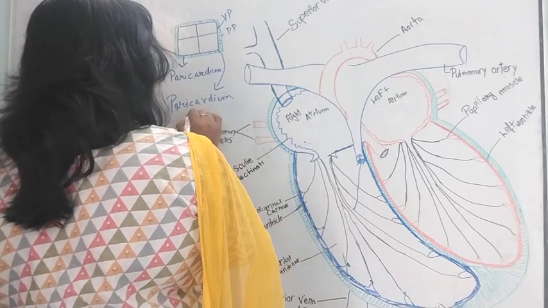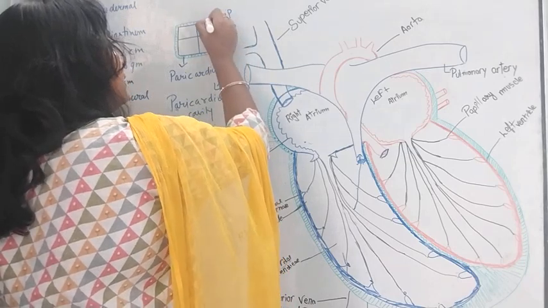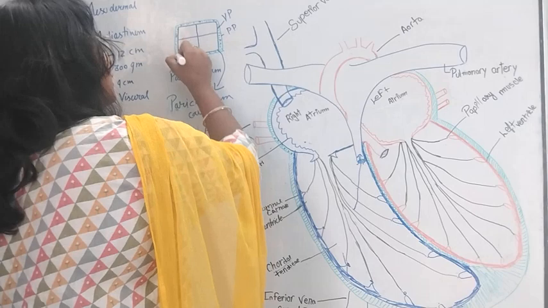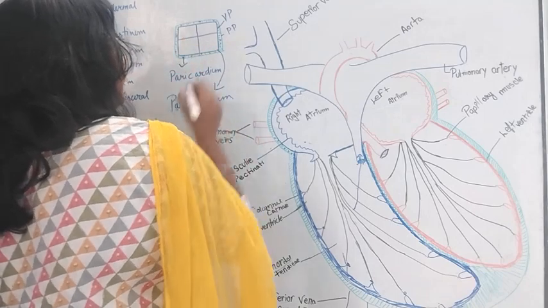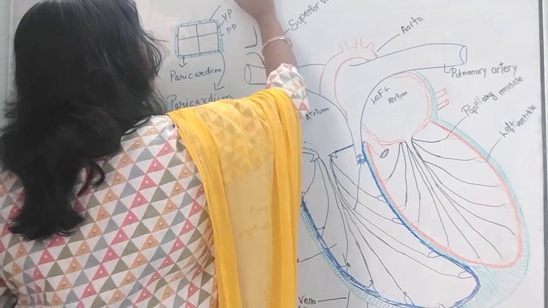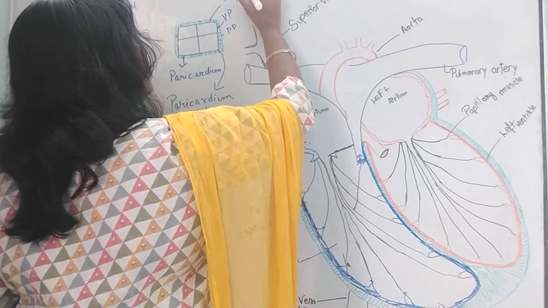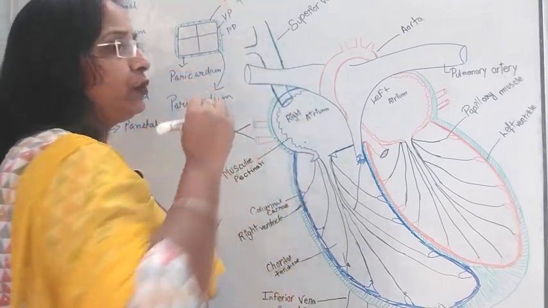The pericardial cavity consists of a serous fluid-like structure, that is pericardial fluid. What is the requirement of pericardial fluid?